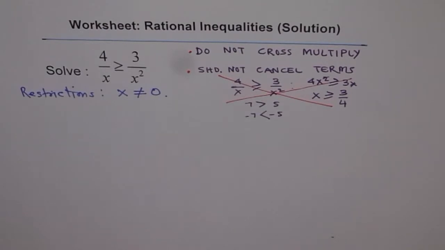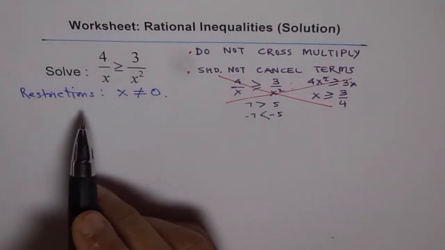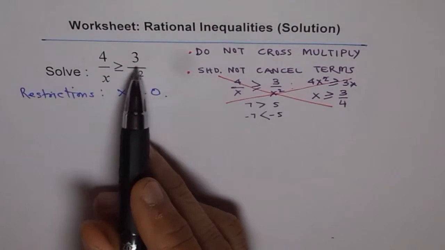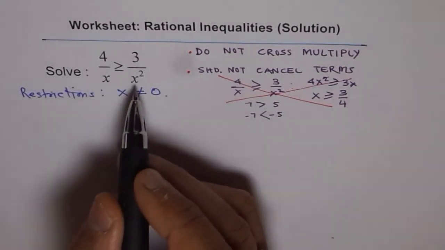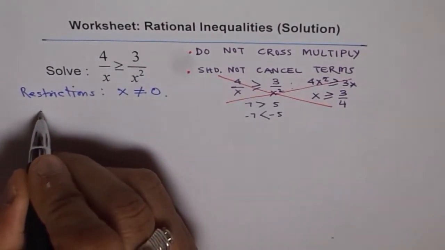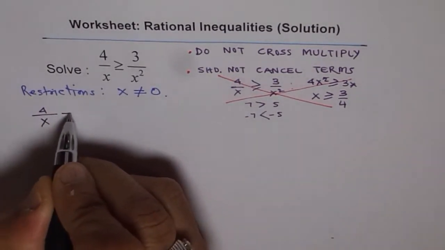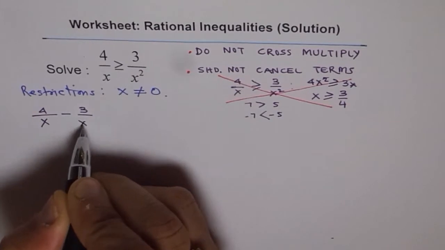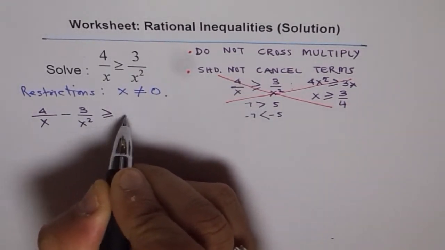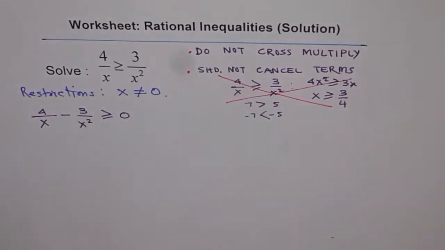Second step is, if you're not cross multiplying, what you need to do is bring all terms to one side, preferably the left. Then your inequality will be 4 over x minus 3 over x squared greater than or equal to 0. That is your first step.